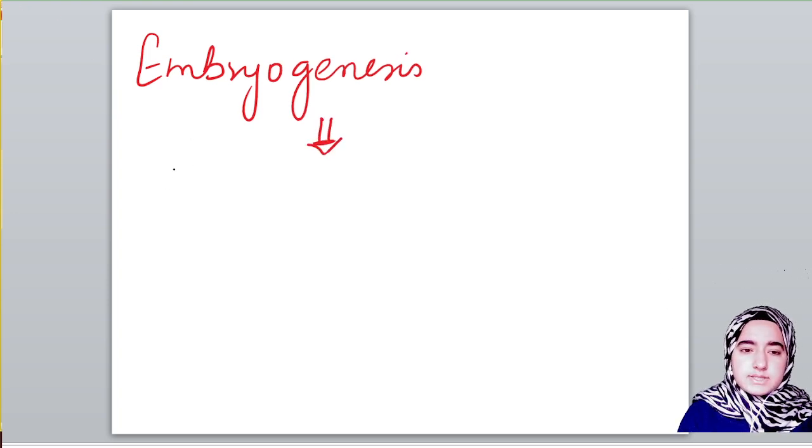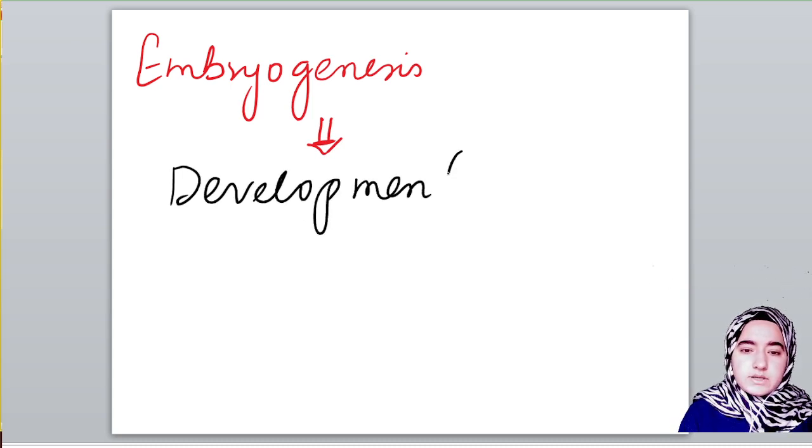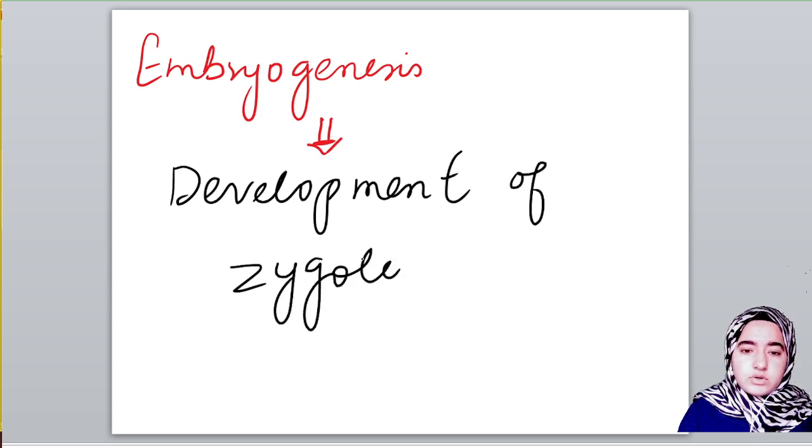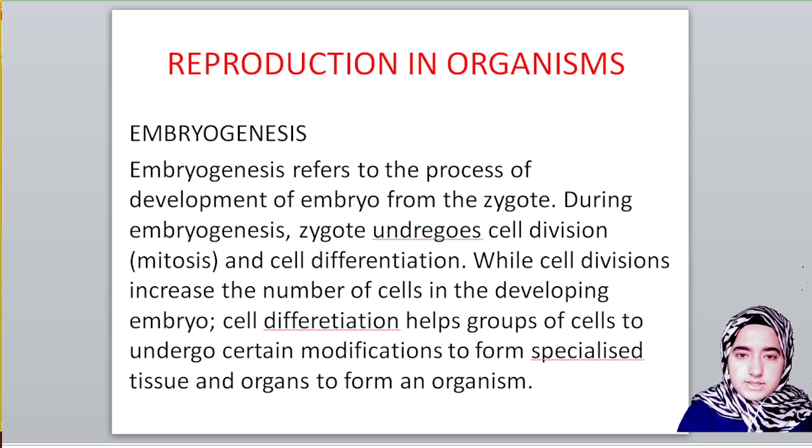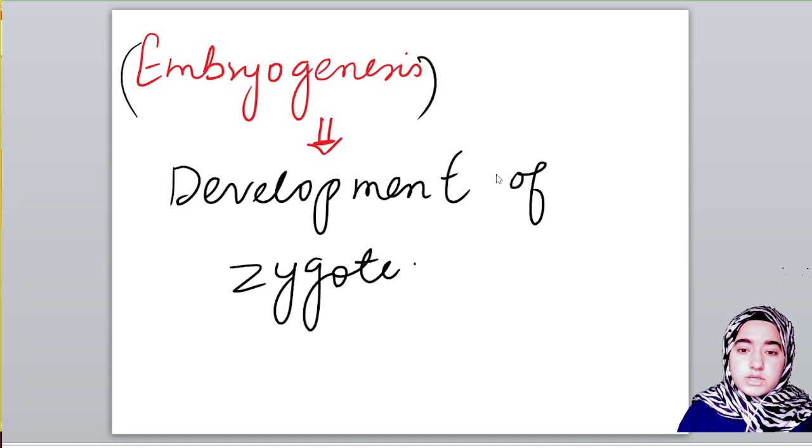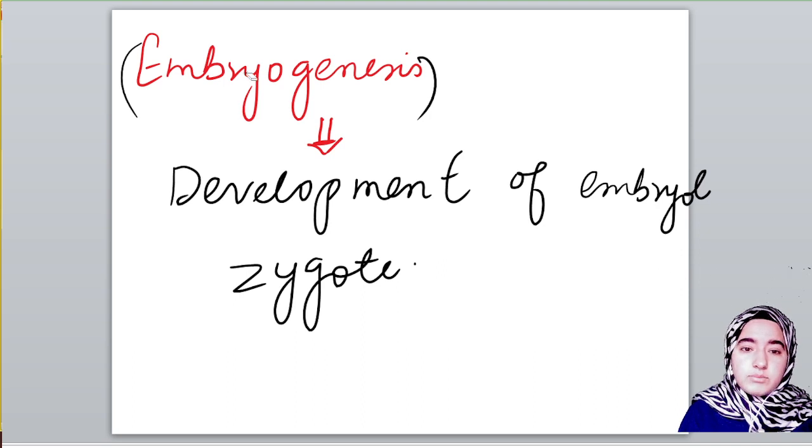Basically, embryogenesis simply means development of zygote. Once the development of zygote takes place, we call that embryogenesis. It's the process of development of embryo, since the zygote will undergo two processes, cell division and cell differentiation.